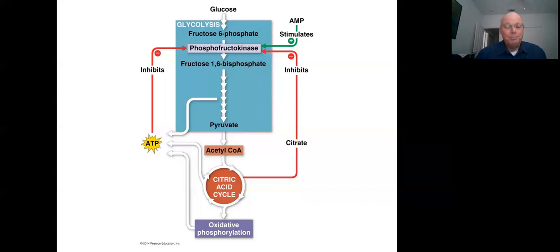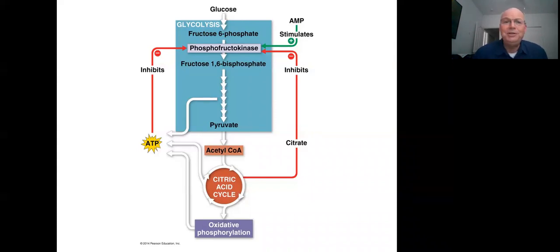So surprise, surprise, ATP itself turns out to be a negative regulator of phosphofructokinase. It binds to phosphofructokinase in such a way through an allosteric site that the enzyme changes shape and no longer functions. It's an allosteric, non-competitive inhibitor of phosphofructokinase.